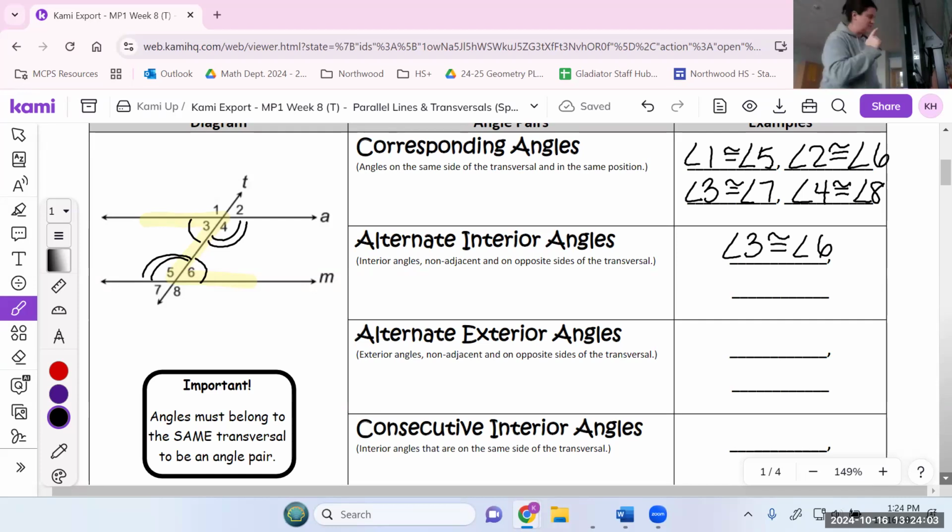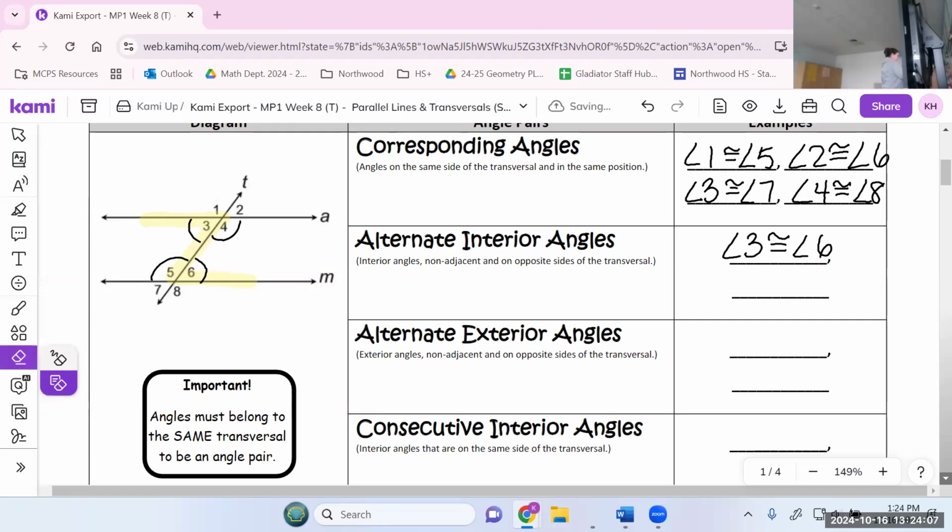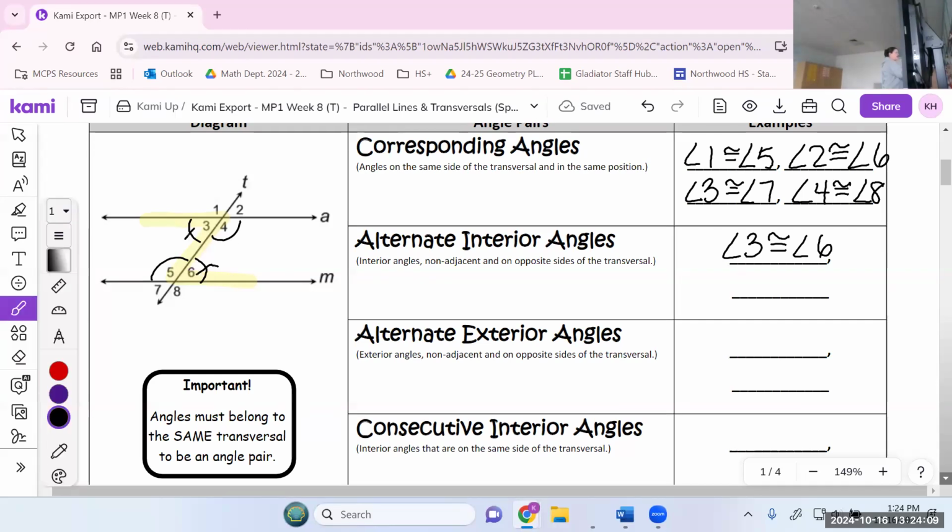It's either done this way, or you'll see it drawn with 1 line versus 2 lines. Either way is fine. You're just trying to signal what is congruent with the other. So angle 4 is congruent to angle 5.